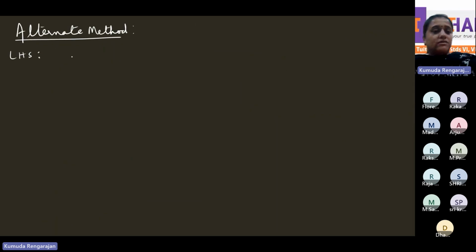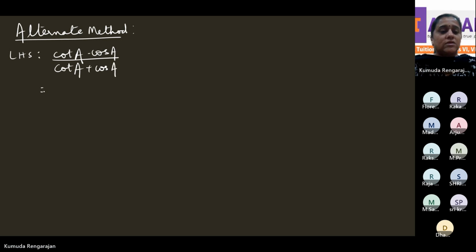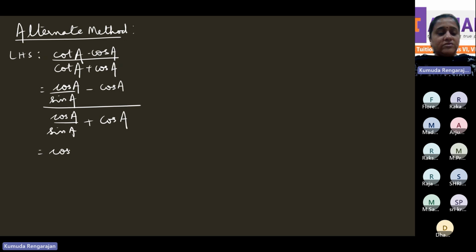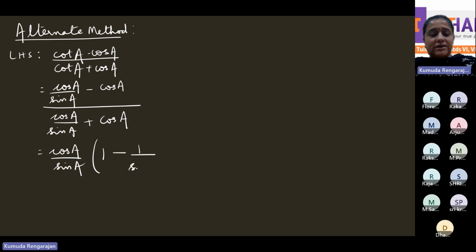Cot A minus cos A divided by cot A plus cos A. So this is cos A by sin A minus cos A, divided by cos A by sin A plus cos A. Now if you take out cos A by sin A common, the whole thing common, then you'll get 1 minus what? 1 by sin A, correct?